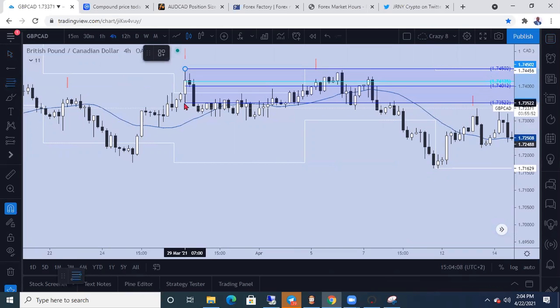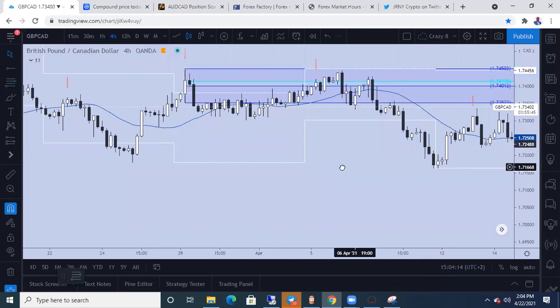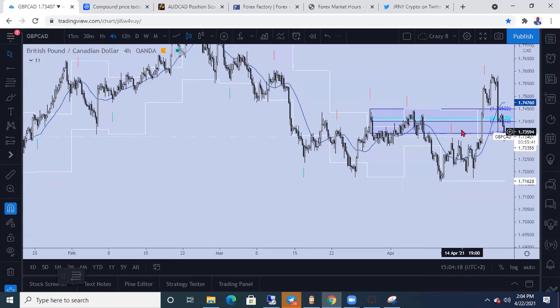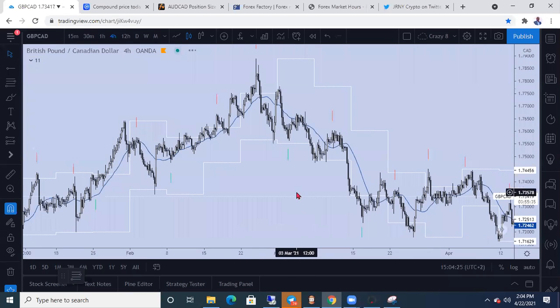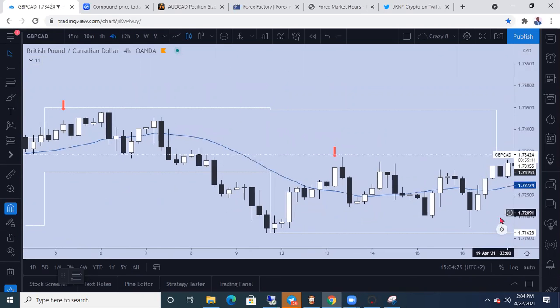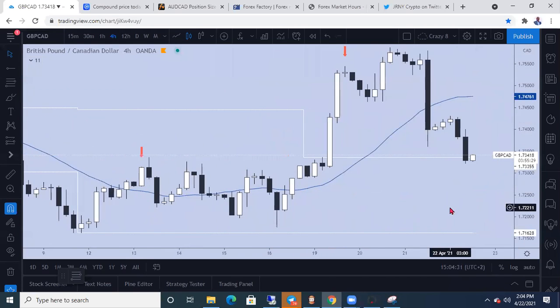Emphasis will be on this, right? That's what I'll be looking out for. And what that does is that it reduces the risk of having multiple invalidations when you're waiting for price action. You want to trade from the fringe, from outside the fringe.